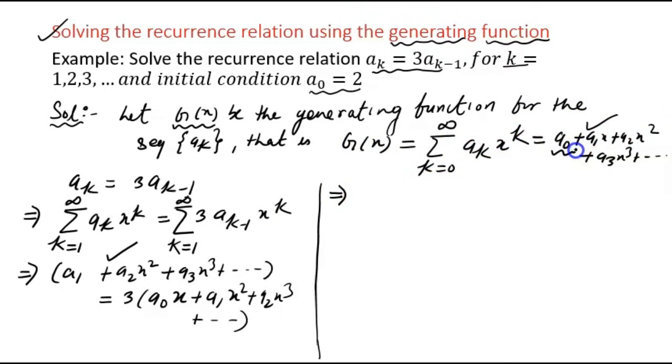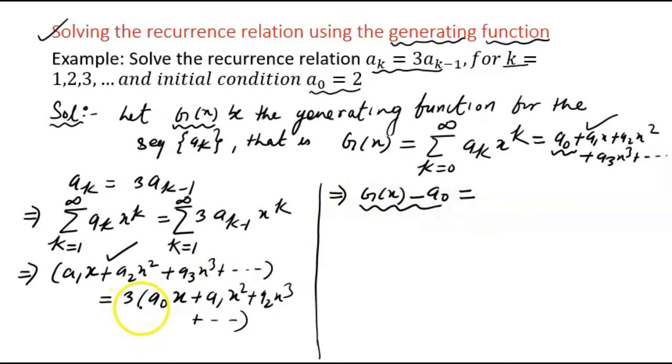The a0 term is missing. So for this I can write g(x) minus a0. I hope you agree, because the whole thing is called g(x), and in this left hand side we don't have the a0 term. The rest of the terms are there: if I take k equal to 1, I get a1 x, then a2 x squared and so on. So we are getting g(x) minus a0.